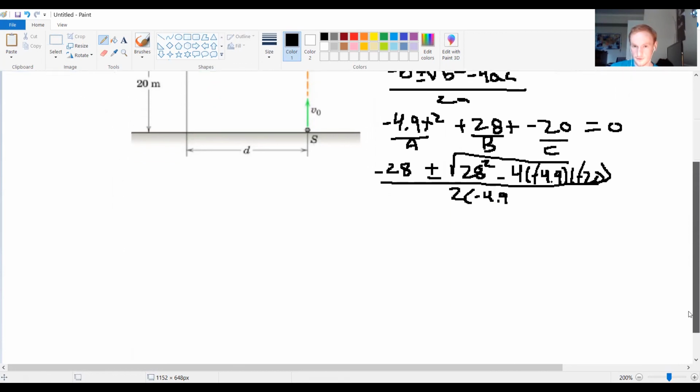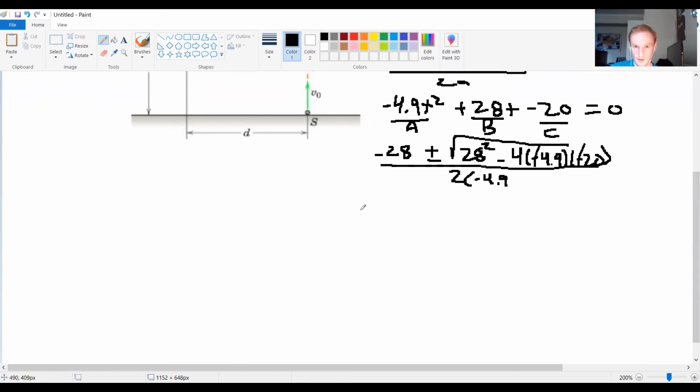All right, scroll down. Once we simplify this, we get the negative 28 plus minus all this jumble in here is equal to 19.8 divided by negative 9.8.